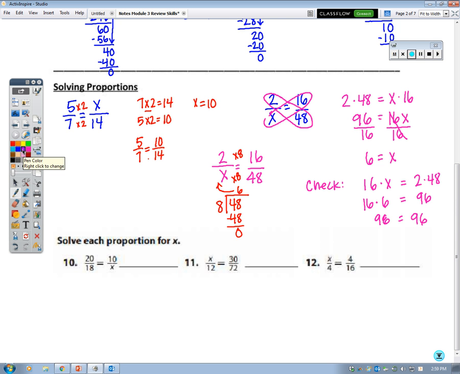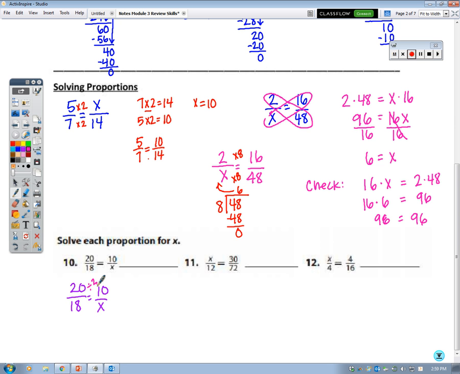Okay, so we've got 20/18 over 10/x. So 20/18 is equal to 10 over what? So we know that 20 divided by 2 will give me 10, right?